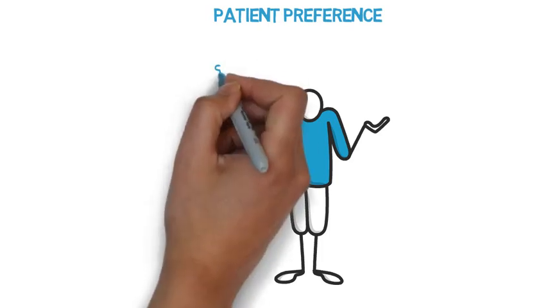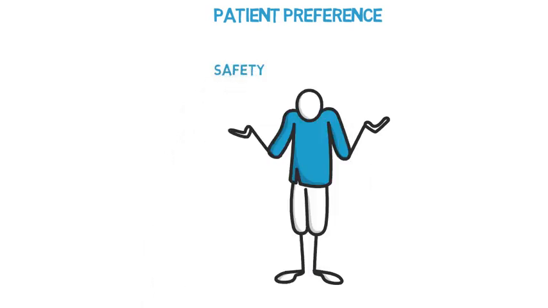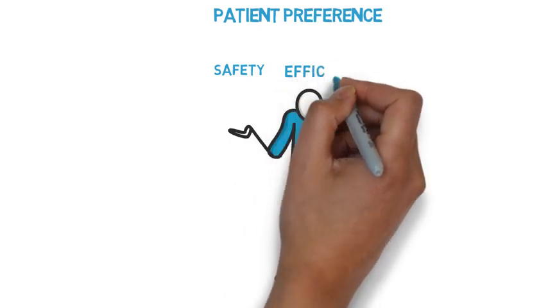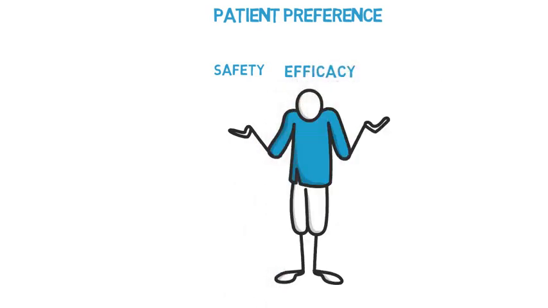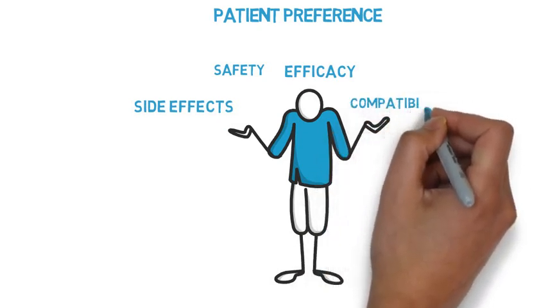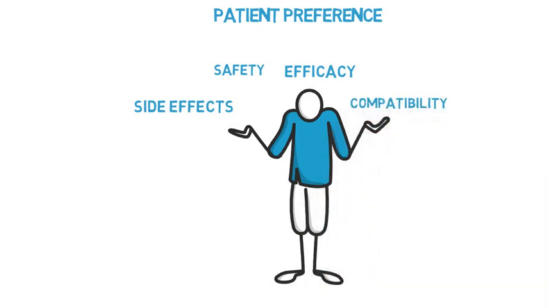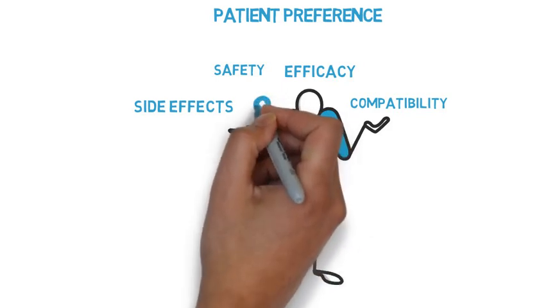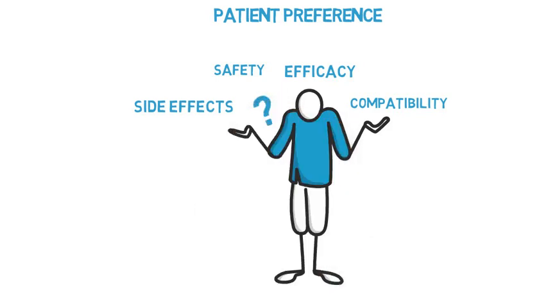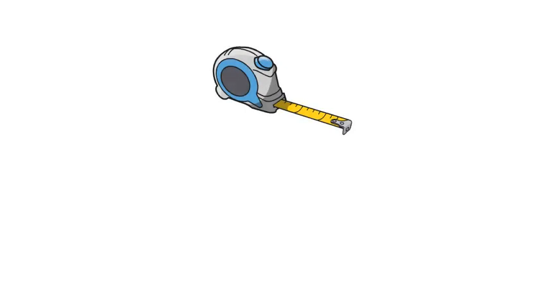A patient may wonder about the safety of a treatment, whether a treatment will help them get better, whether a treatment has certain side effects, and the overall compatibility of a treatment with their lifestyle. Ultimately, there are many questions a patient may have regarding a treatment, and their treatment choice should be aligned with their preferences. Luckily, there are already ways to measure patient preferences.